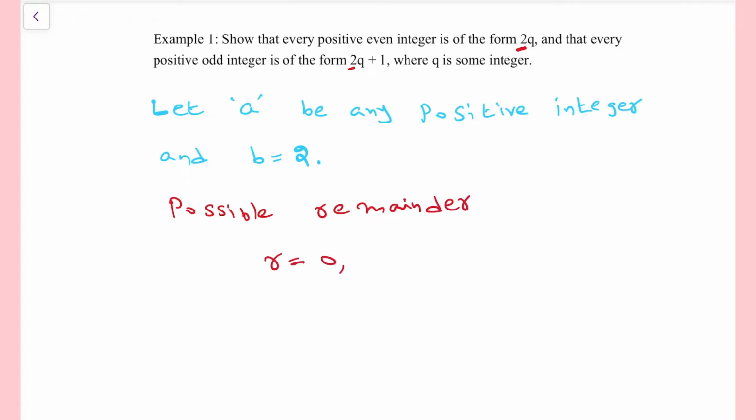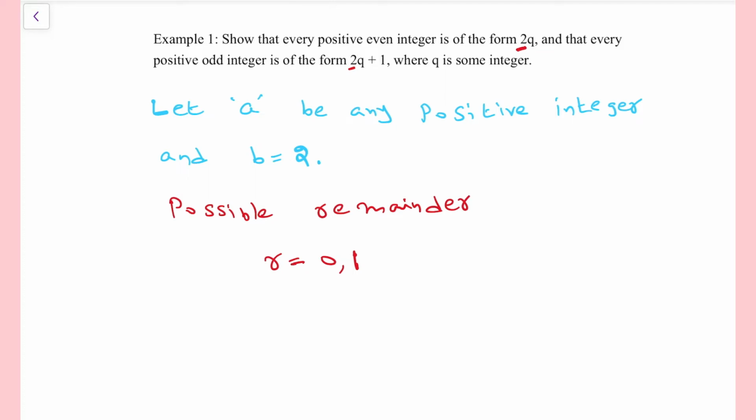Then till where do we need to take, 0, 1, 2, 3, 4, till 100, till 1000, till 1 lakh, or 1 crore? Always the remainder will be less than the divisor. In this case the divisor is 2, that is nothing but the b value, so the remainder will be less than 2 only. Less than 2 is nothing but 1. So if the b value is 2, then the possible remainders are 0 and 1.